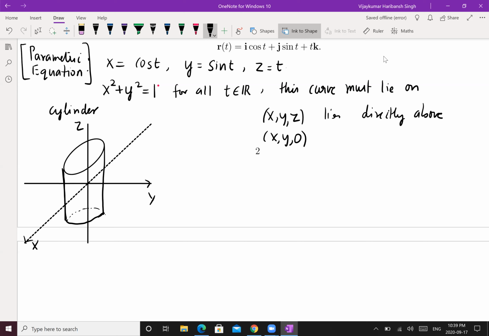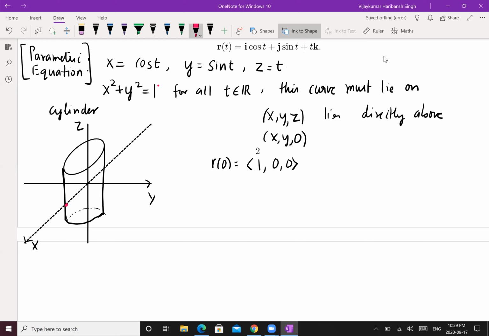So in some sense, we are moving along the circle. So let's see. When we have t equals 0, we have cos 0 is 1. So r of 0, if I write it in the angle bracket form, is <1, 0, 0>. So I'm at this point.